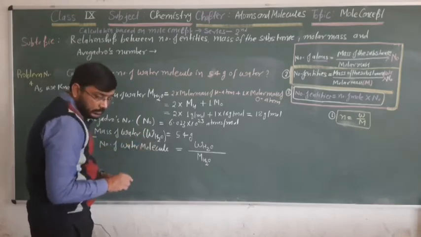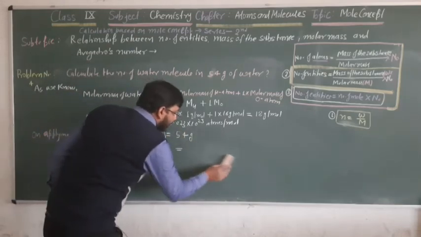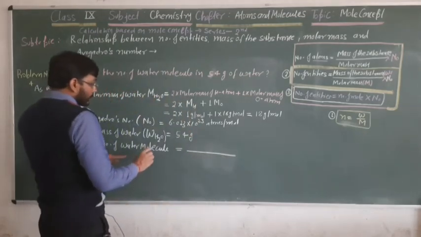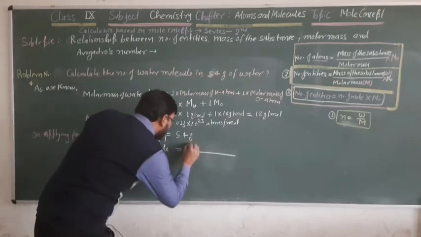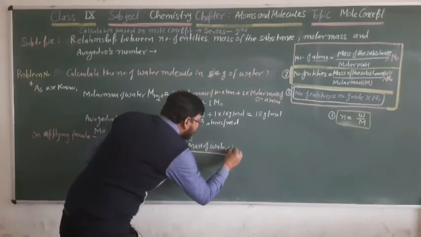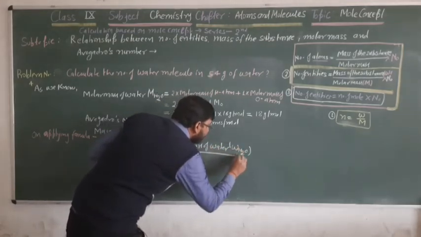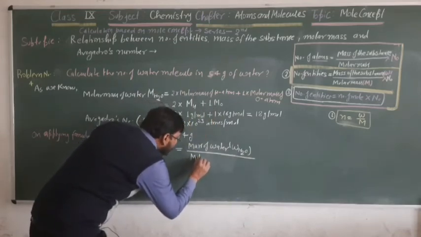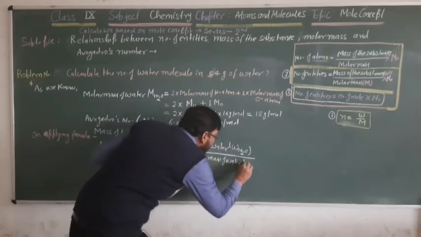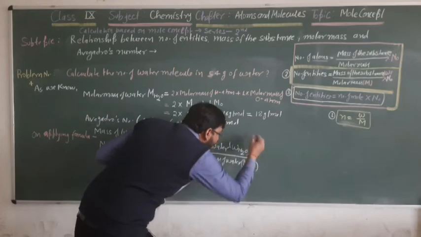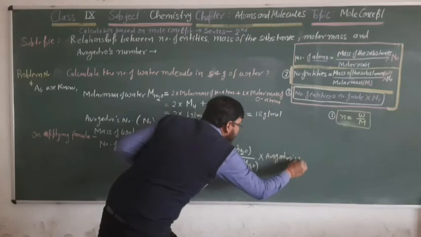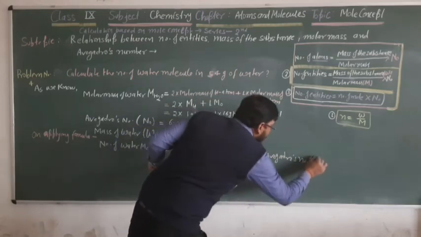Now let me write it out, otherwise you will become habituated to a wrong method. First you learn that. Let us see. Number of water molecules equals mass of water W H2O given, divided by molar mass of water M H2O that we have calculated, into Avogadro's number N naught.